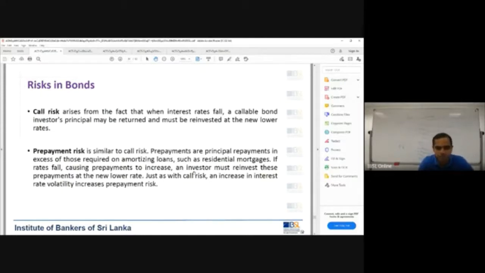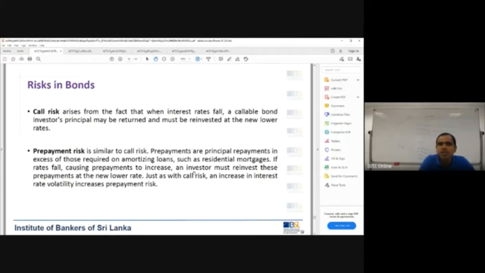Call risk. When interest rates come down, most corporates might prefer to refinance at a lower rate. So what they can do is call back whatever bonds they have issued. Call risk arises from the fact that when interest rates fall, the callable bond investors' principal may be returned and must be reinvested at a new lower rate. Right. So reinvestment will happen at a lower rate. That's called call risk.